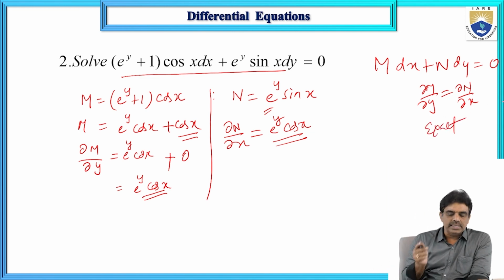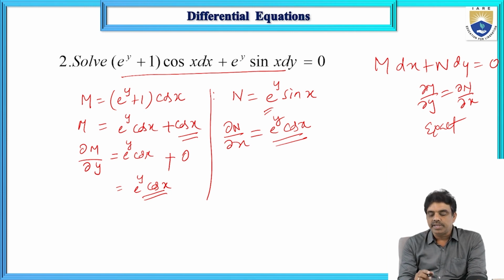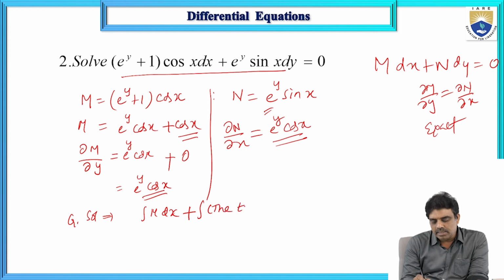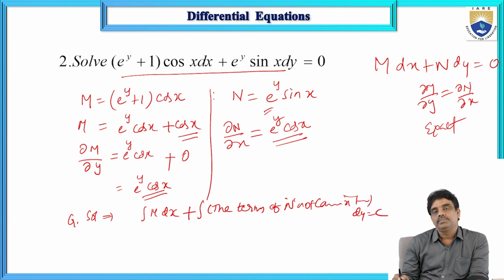When the equation is exact, we can write the general solution as: integral of M dx, treating y as constant, plus integral of the terms of N not containing x, with respect to y, is equal to c. So what is M here?